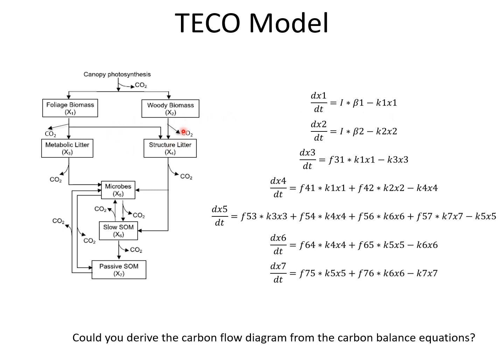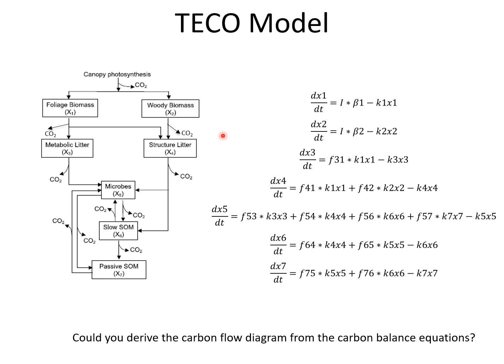Similarly, for the woody biomass pool, x2, the change of the pool size equals the input I multiplied by the allocation fraction, beta 2, minus the outgoing flux, K2 x2. As you can see, to write the carbon balance equation for each of the carbon pools, we basically need to find what are those incomes and what are those outgoing, and how to formalize those input and outgoing fluxes.